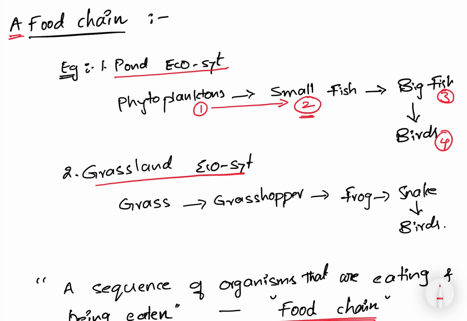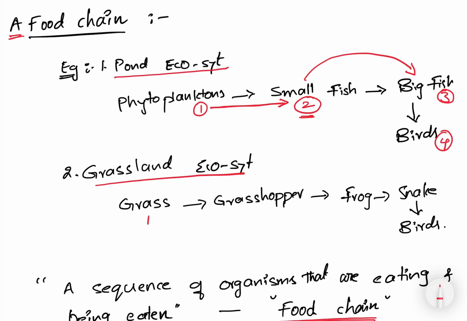That means they are continuously eating, and that particular organism is being eaten by the next higher level organism. So there we can find the formation of a linear sequence. Similarly, you can also observe this in the grassland ecosystem.